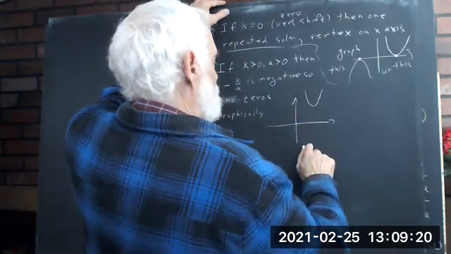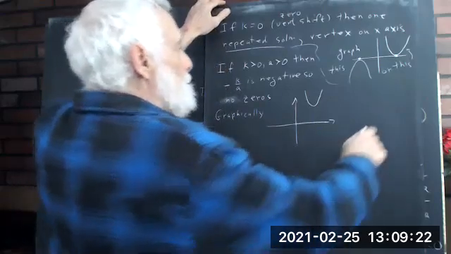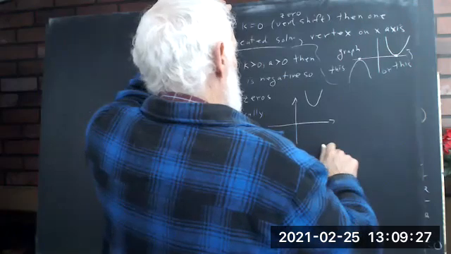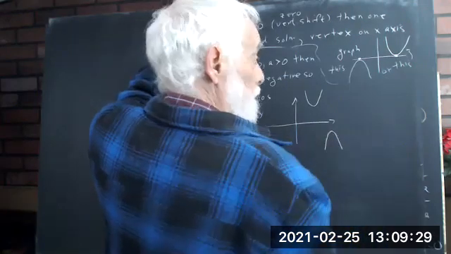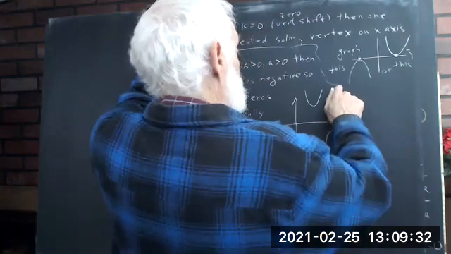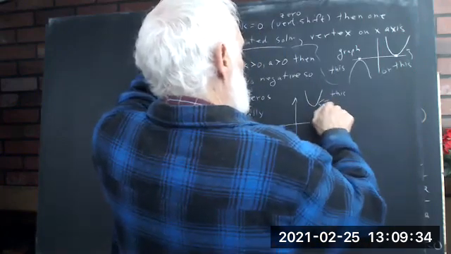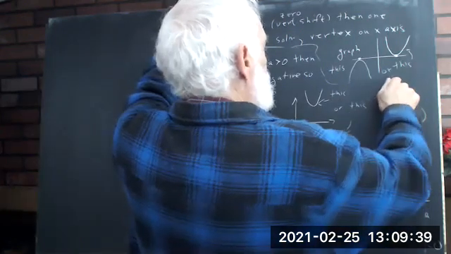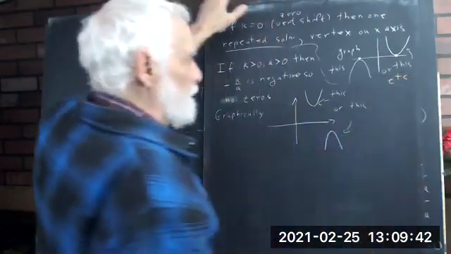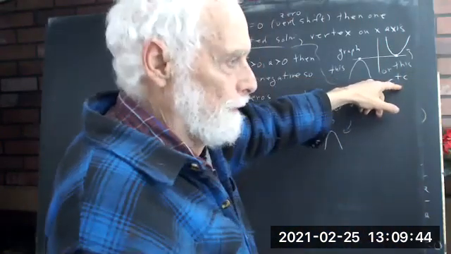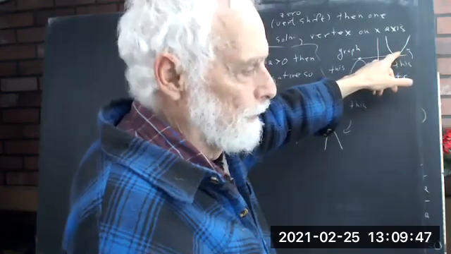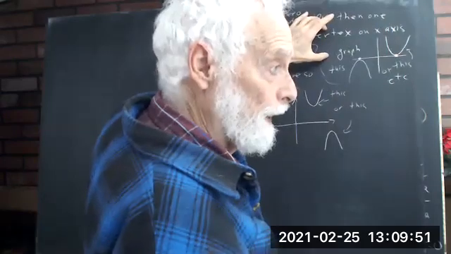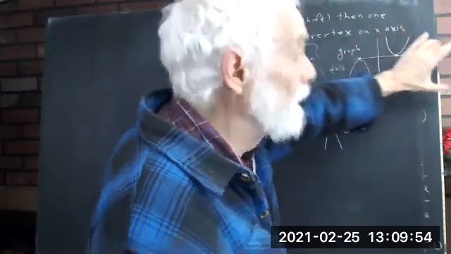So you either have this, or maybe you have this, and I'll put an etc. Clearly, you could have your horizontal shift being negative, so this might be on this side of the axis, or this might be on this side of the axis.